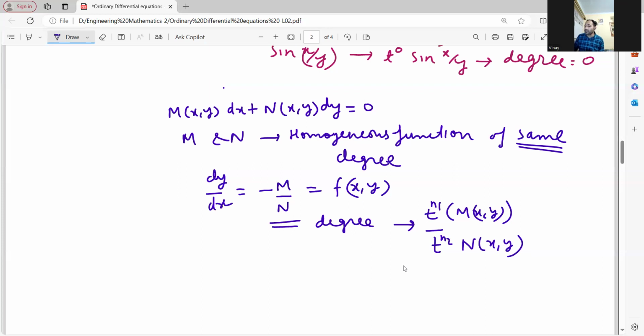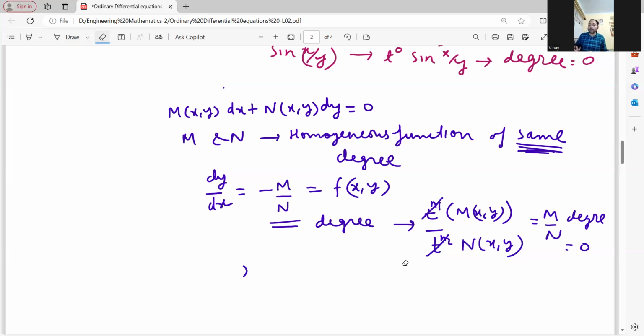And n1 and n2 are the same, they have to be of the same degree. Then they can be cancelled out, and this is nothing but M by N. So what is the degree here? Degree is 0. So this dy by dx will be a homogeneous function of degree 0. Then just replace x, sorry, not x, t.